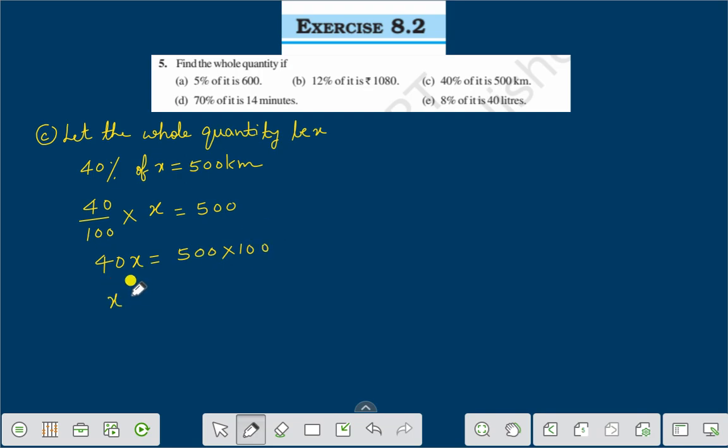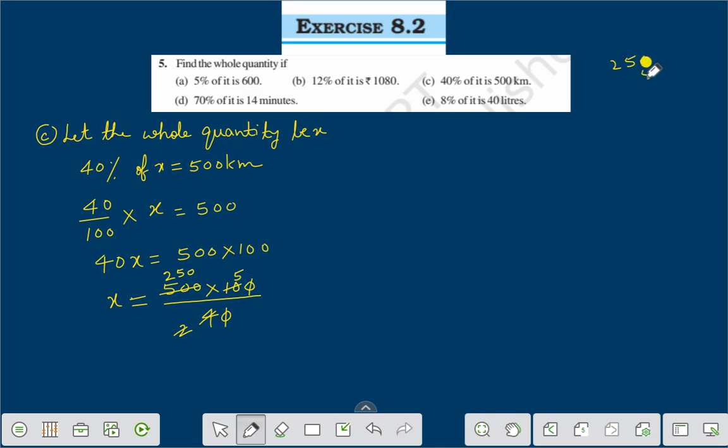Or x can be written as 500 into 100 by 40. Now this 0 will be cut. 4 fives are 20, and 4 twos are 8, dividing by 2 gives 250.